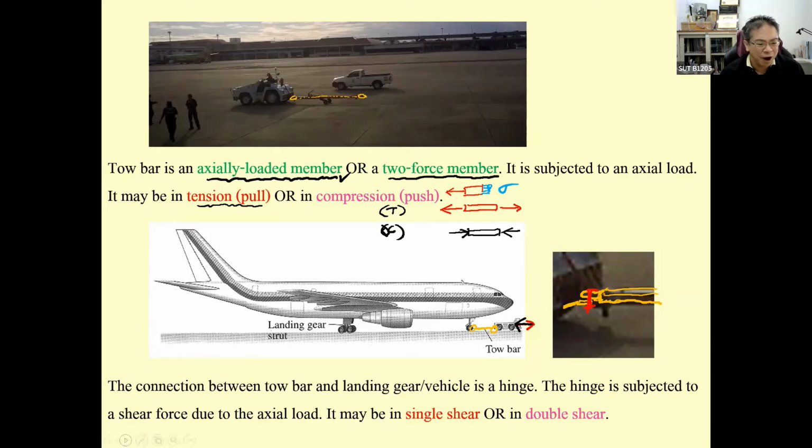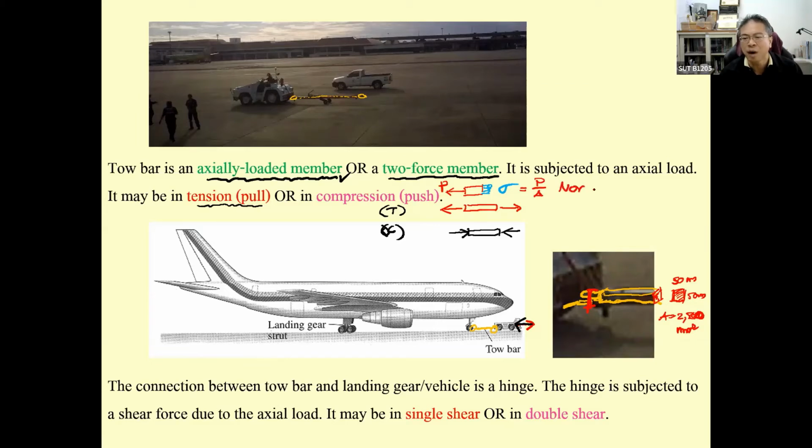If the force that you use to pull the airplane is P, and your structural member may have a rectangular section, maybe 50 millimeter by 50 millimeter, the cross-sectional area of this member is going to be 2,500 millimeter square.